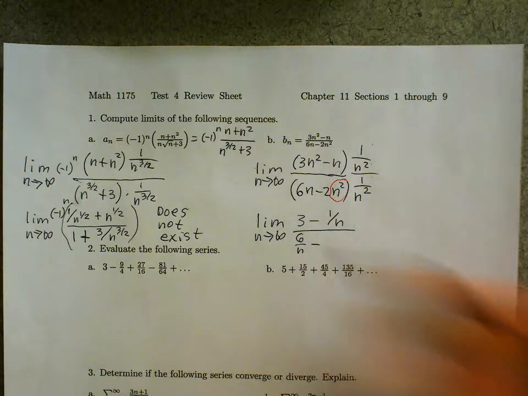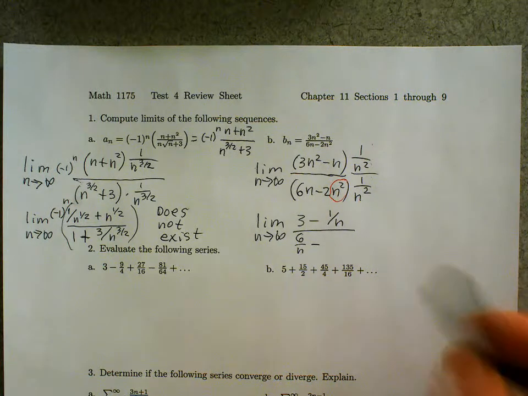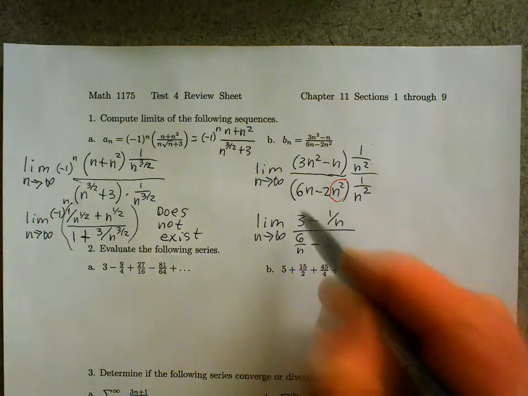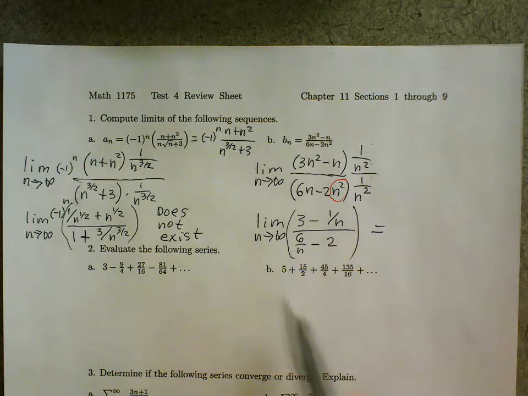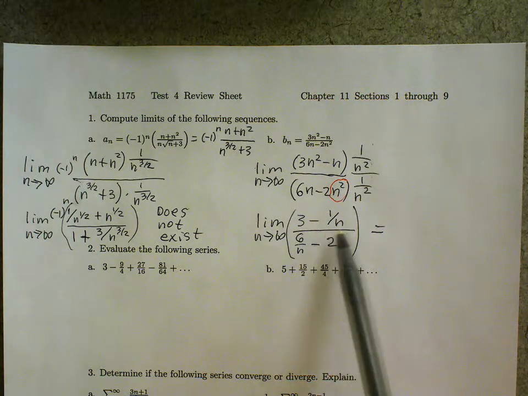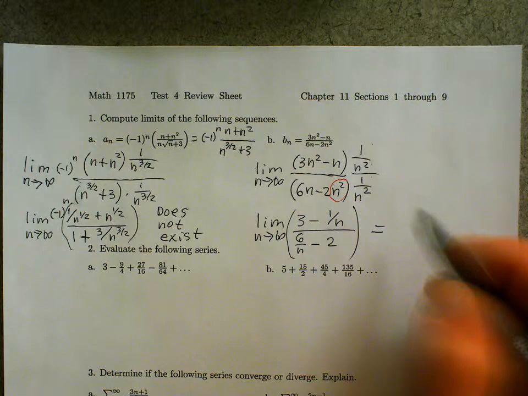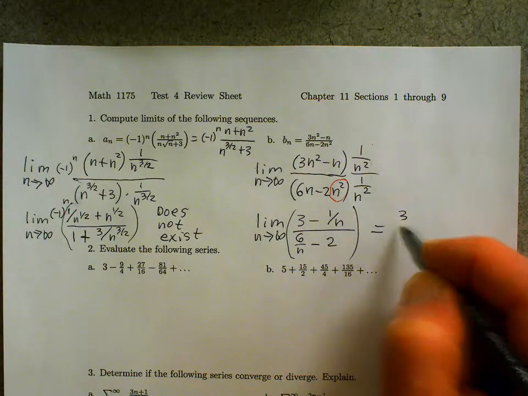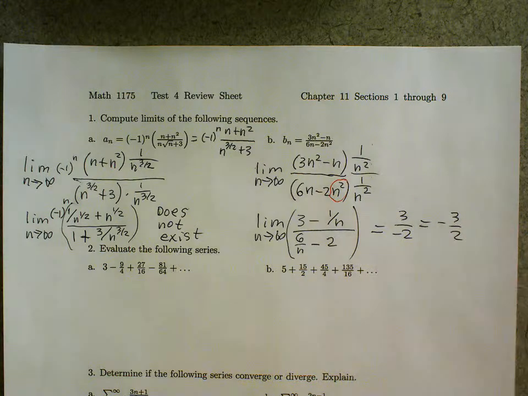And then minus 2n squared times 1 over n squared is minus 2. And when we compute the limit, the 1 over n and the 6 over n go to 0. And so the limit is 3 divided by negative 2, or negative 3/2.